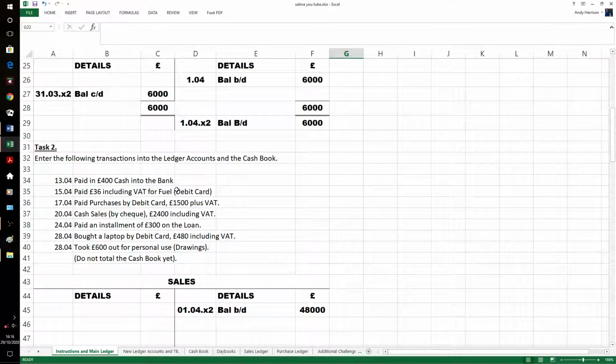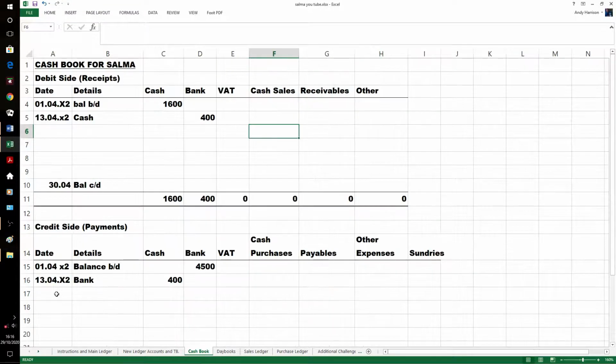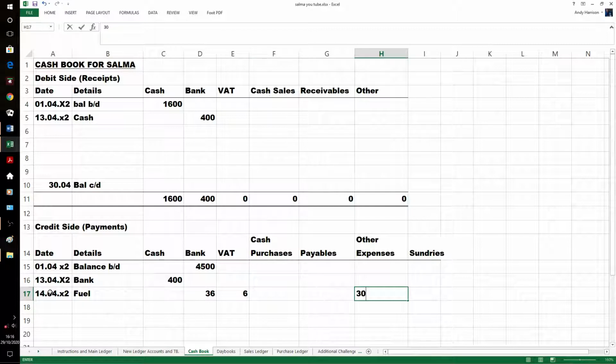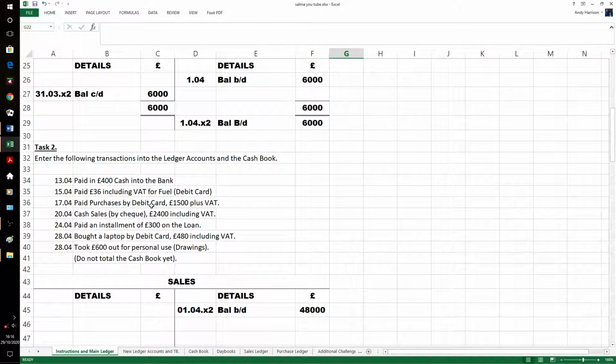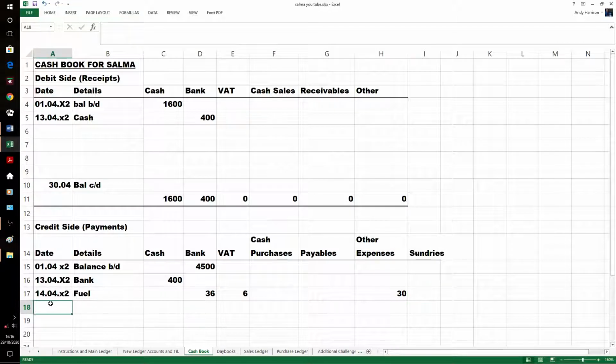£36 with a debit card for fuel. Not sure I'm really bothered about the dates because £36 will be £6 VAT and other expenses. Purchases by debit card £1,500 plus VAT. A lot of money going out.